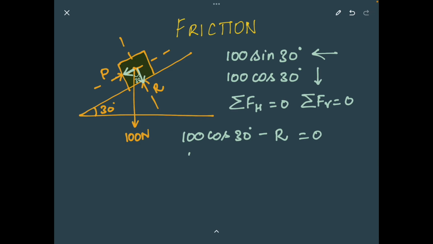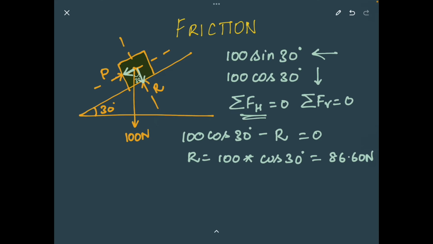From this we get the reaction force as 100 times cos of 30 degrees, which is 86.60 newtons.